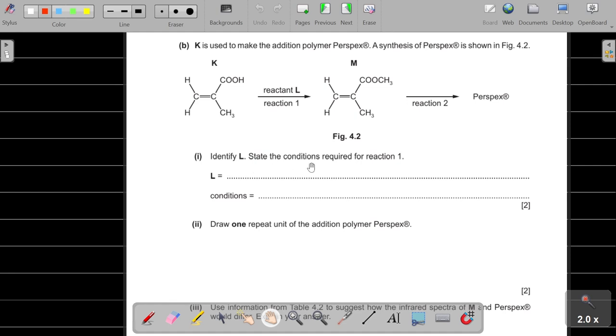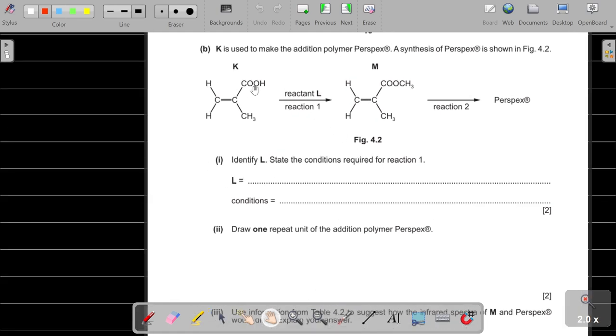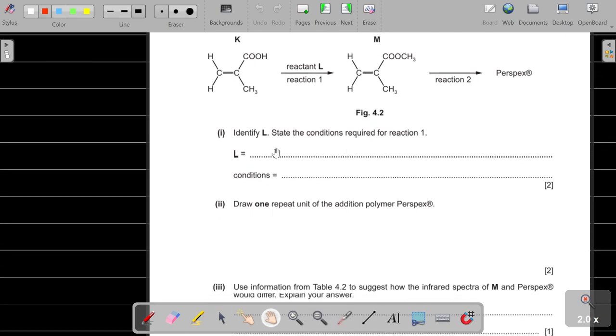Identify L and state the conditions required for reaction 1. Here the carboxylic acid is converting into an ester. First we figure out what L is.